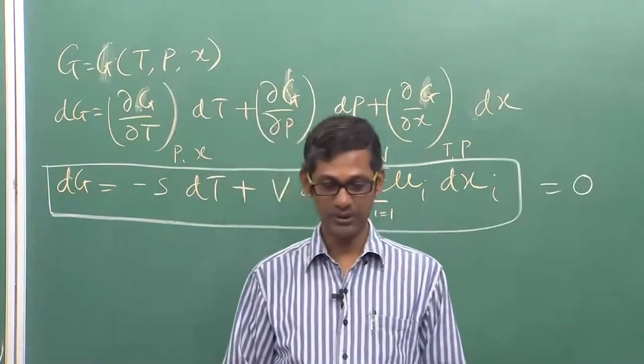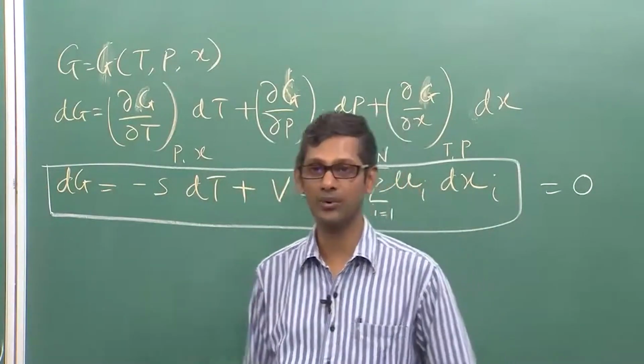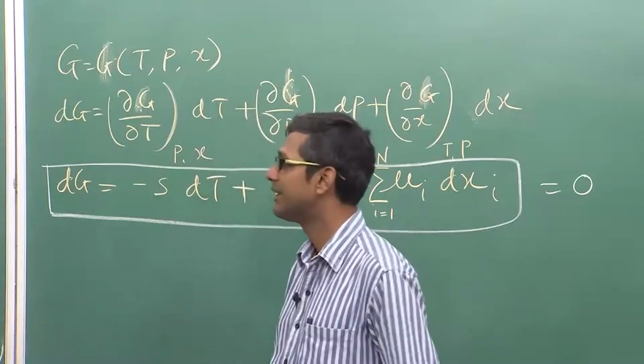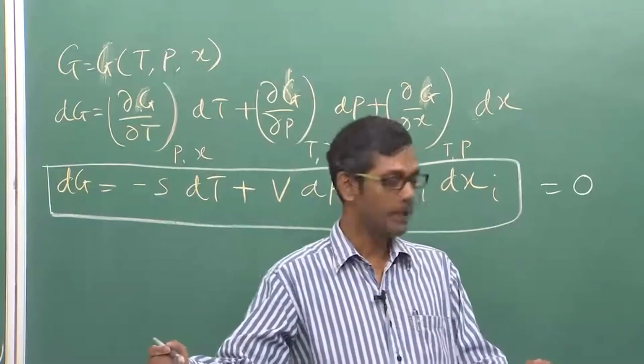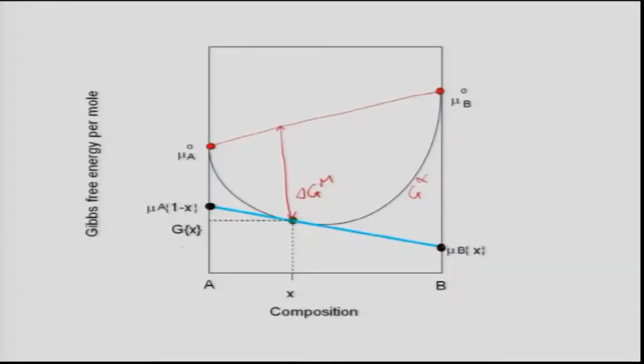What we do is simply apply a tangent rule to the curve, and the tangent rule helps make things very easy. If I make a tangent at a particular point on this curve, that tells me the chemical potentials of these two components where this straight line meets the pure A and pure B vertical axes.